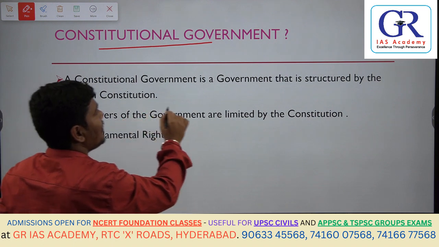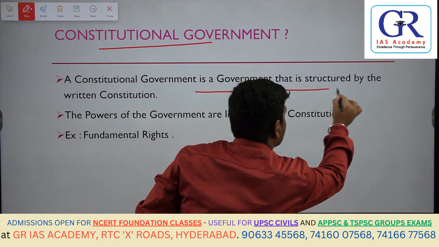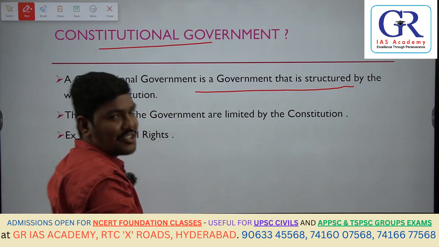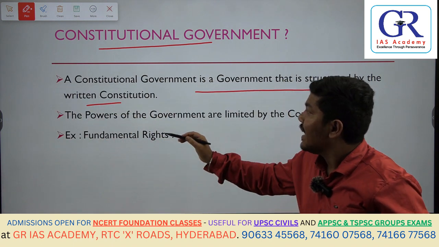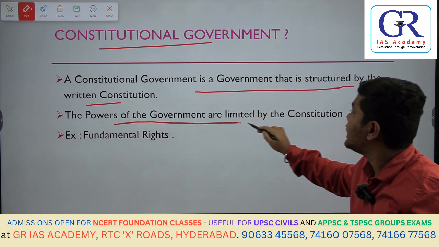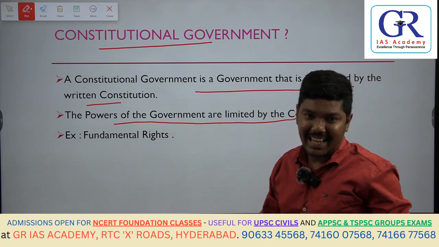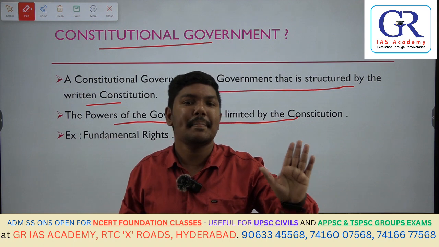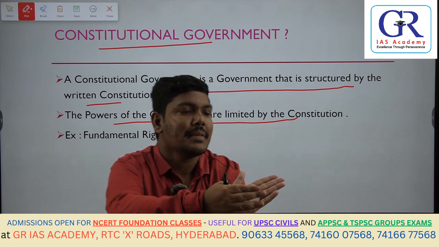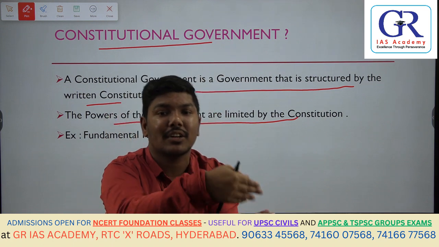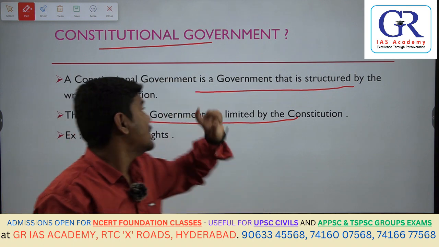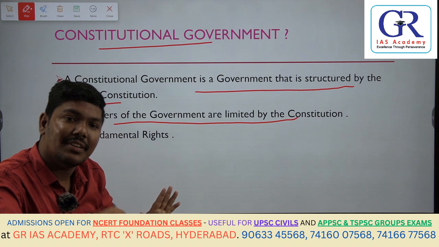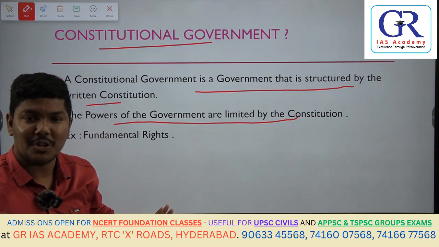That was the same point we have written. It is basically a government that is structured by the written Constitution. And the second important thing is that the powers of the government are limited by the Constitution. Government will not enjoy any unlimited powers. Apart from declaring what your functions are, the Constitution itself will give you the limits also.